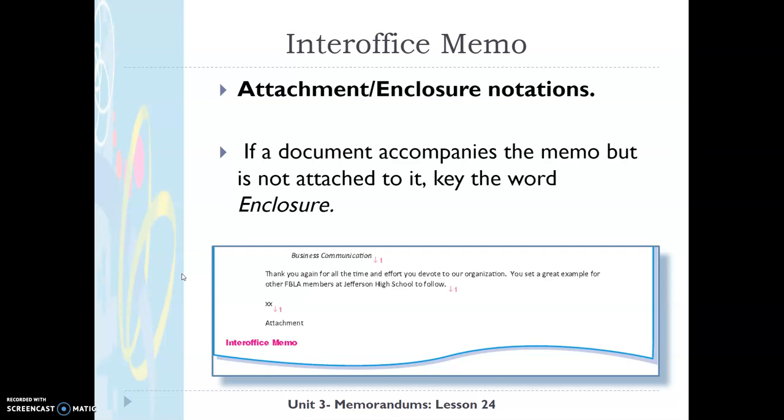That is different from an enclosure. An enclosure indicates that a document accompanies the memo but is not attached to it, which means there is probably something else enclosed in the envelope once the memorandum is received by the receiving party.